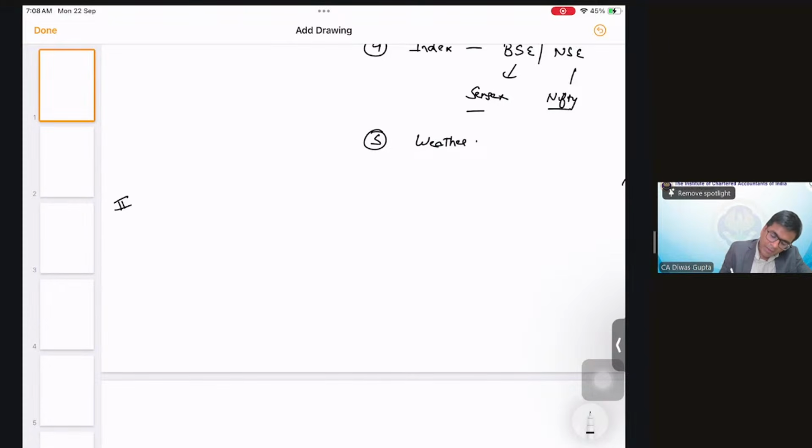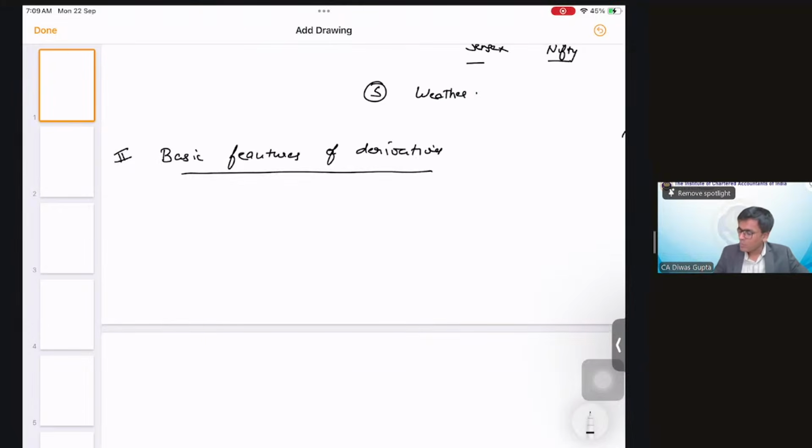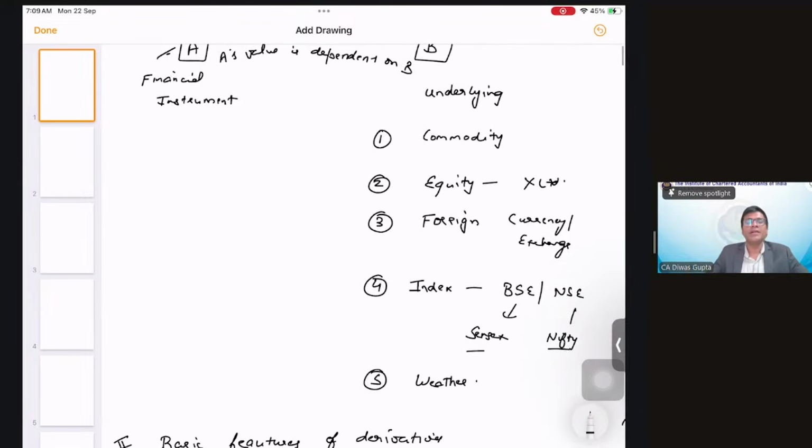So now let's come to the basic features of derivatives. To understand it in further detail, let's talk about basic features of derivatives. So for any such underlying, there is a buyer and there is a seller, right? So how do we define a financial contract?